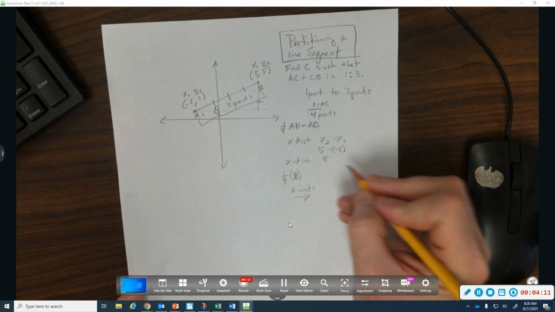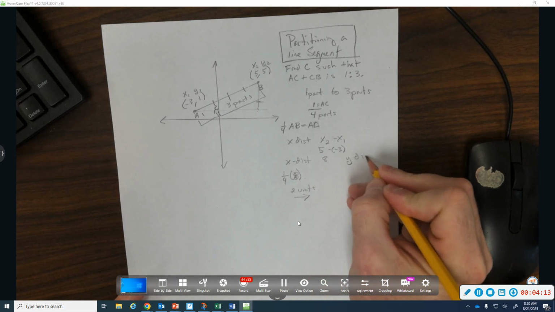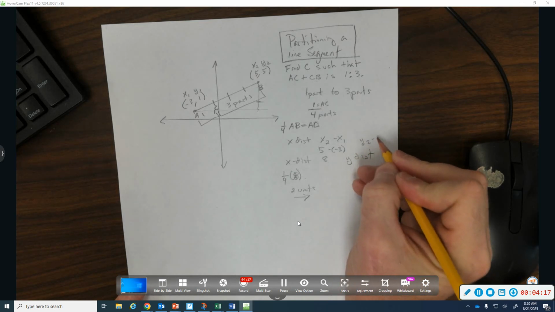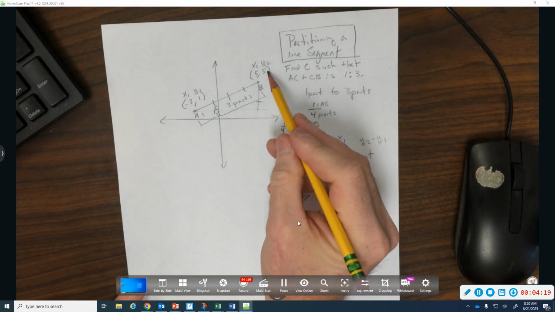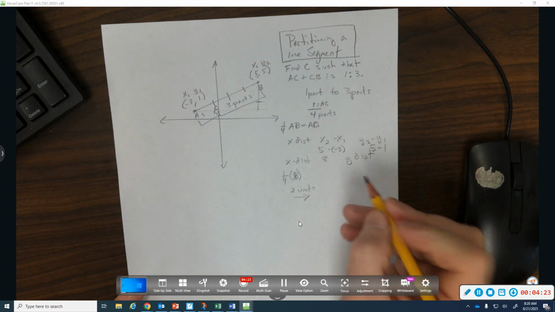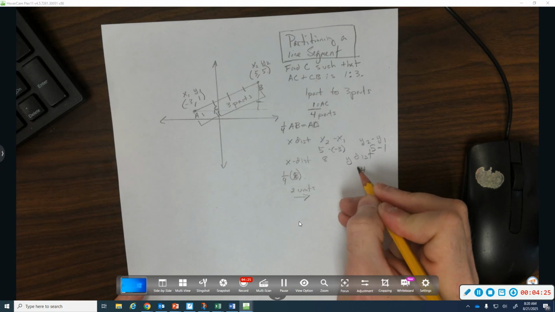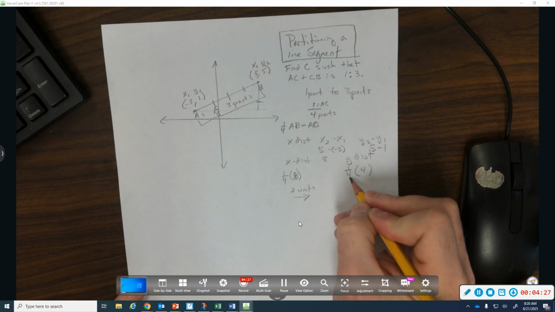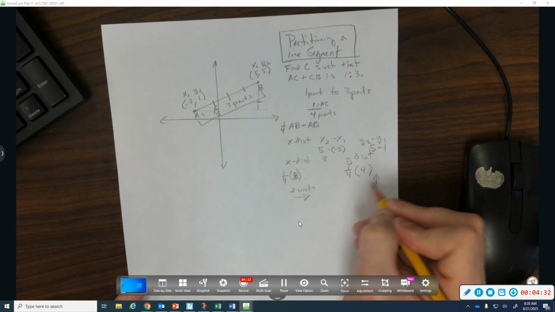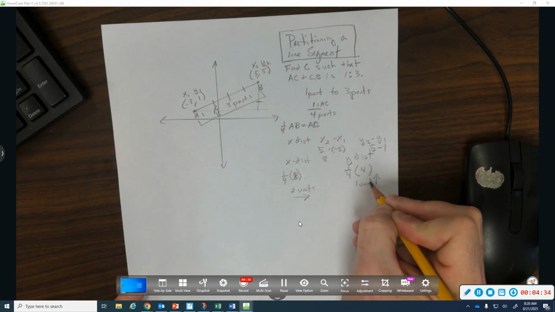And then my y distance is y2 minus y1, right? So that would be 5 minus 1, which is 4. And I'm traveling still 1/4 of that as well, which gets me 1 unit up, right?